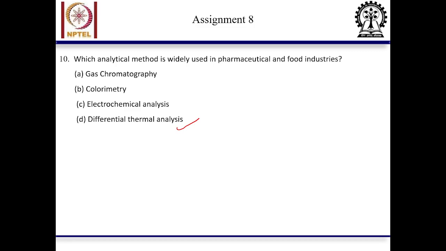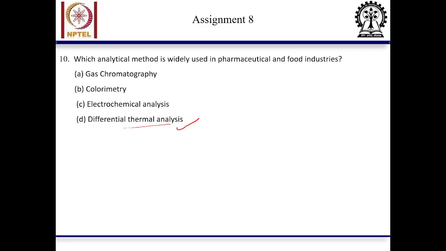Why is this very important? Because once you are going to make any food compound or pharmaceutical tablet, you have to know the thermal stability and what components are forming under decomposition. So for that you definitely have to use thermal analysis. People do use electrochemical analysis, calorimetry, and gas chromatography, but not that frequently, right?